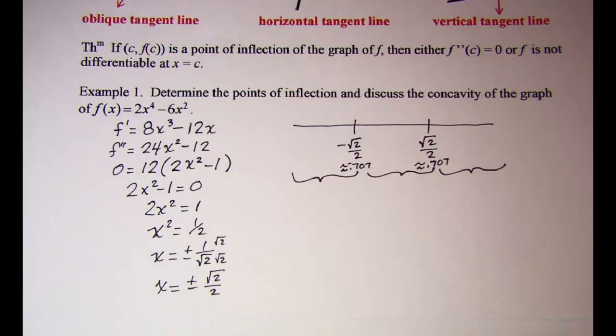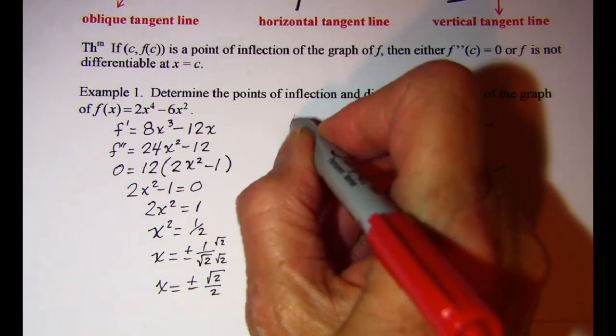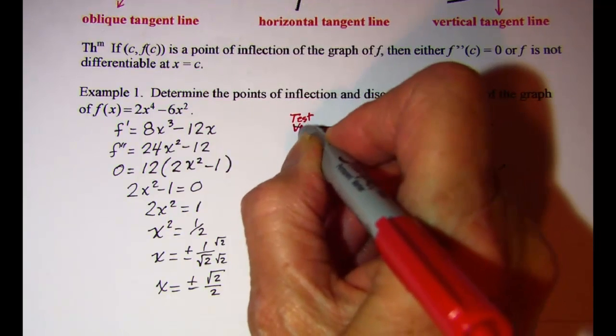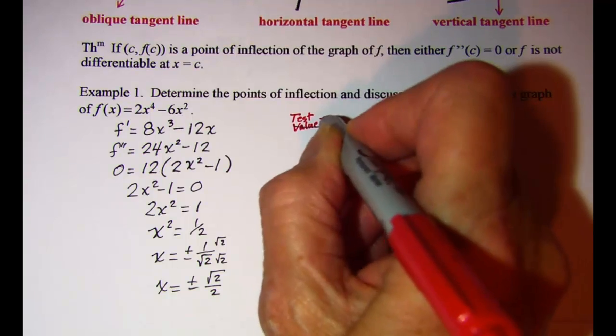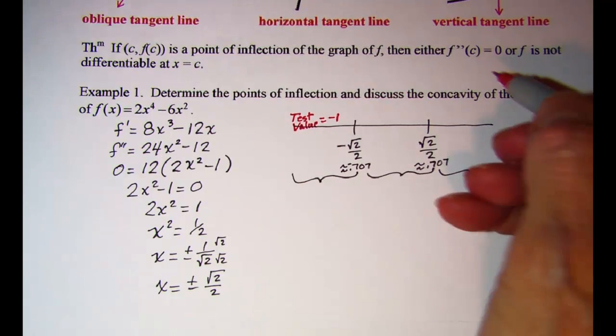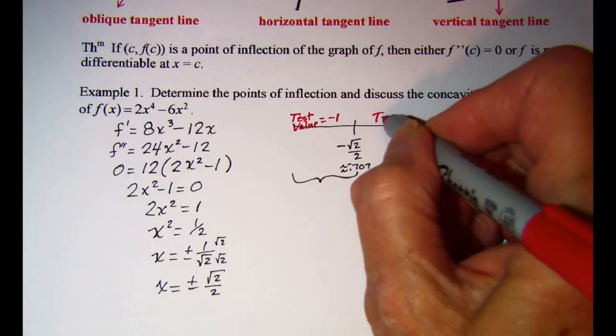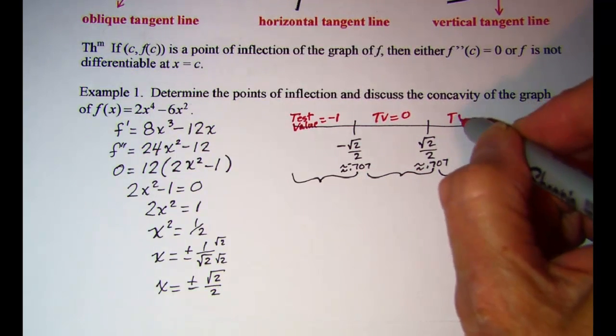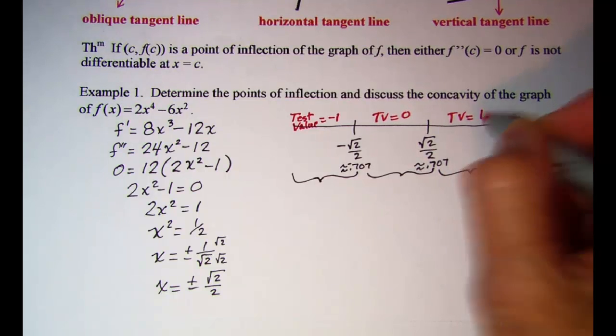I needed that so that I could get test values in the intervals. So I can use a test value of -1, a test value in this interval of 0, and a test value in this interval of +1.